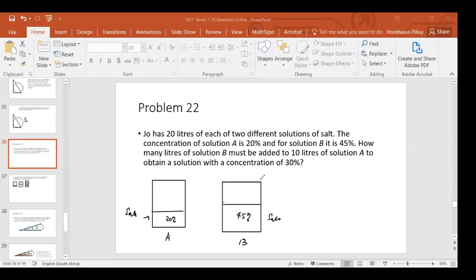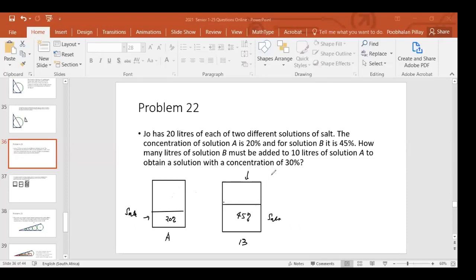So you're going to add 10 liters of solution B, you got 20 liters altogether.